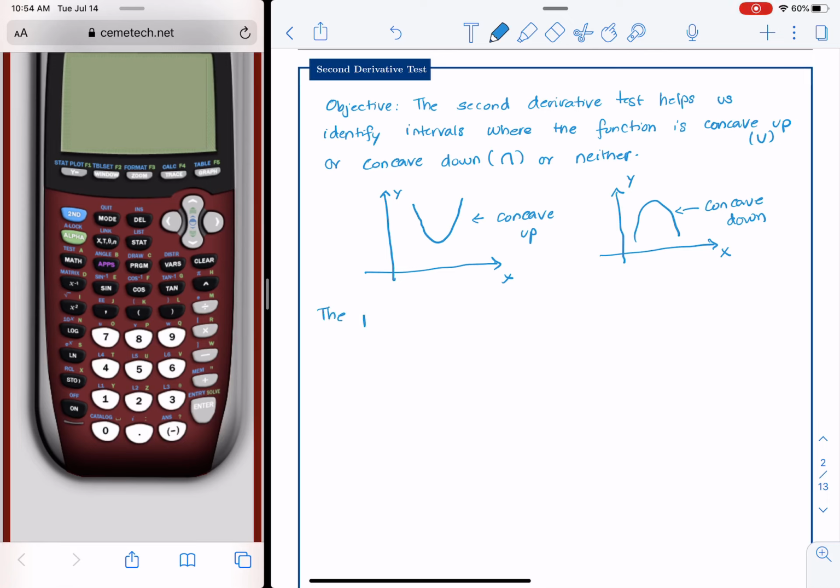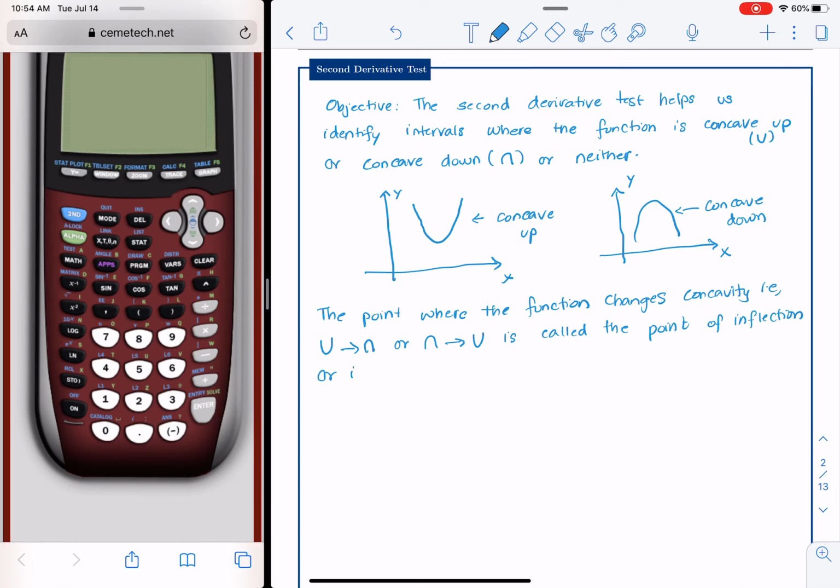So the point where the function changes concavity, that is from concave up to concave down or concave down to concave up, is called the point of inflection, or inflection point.